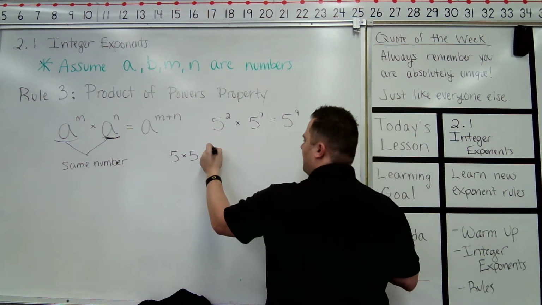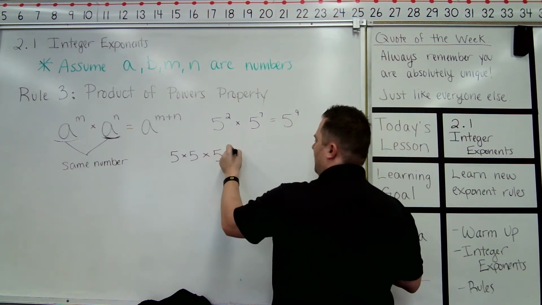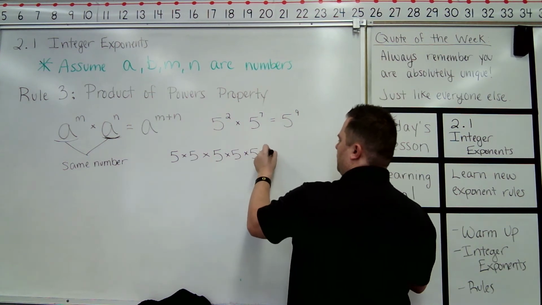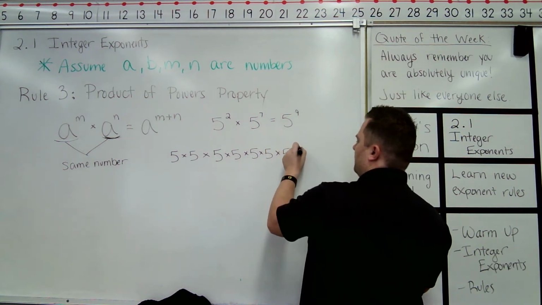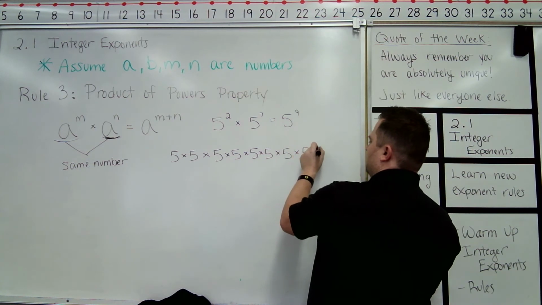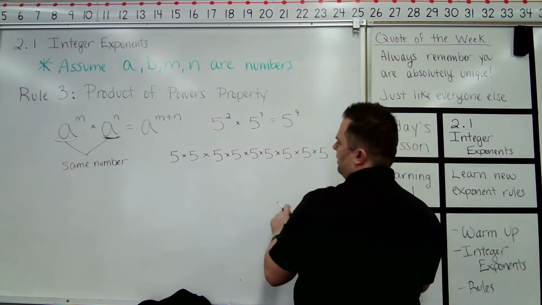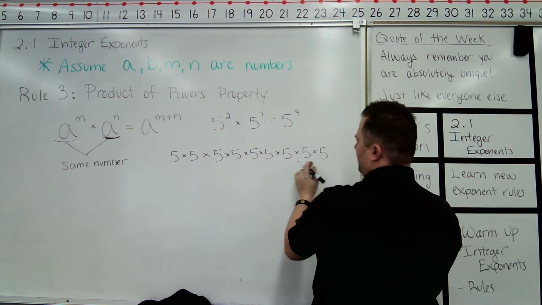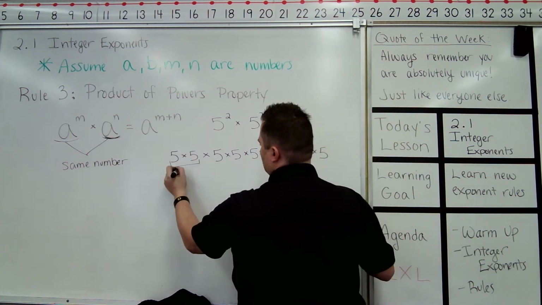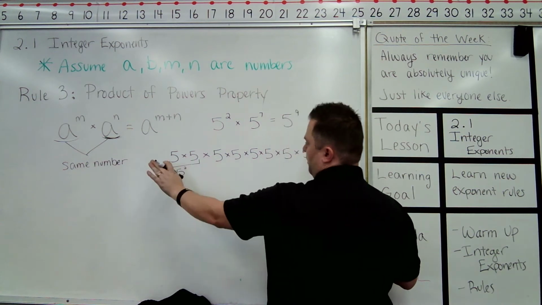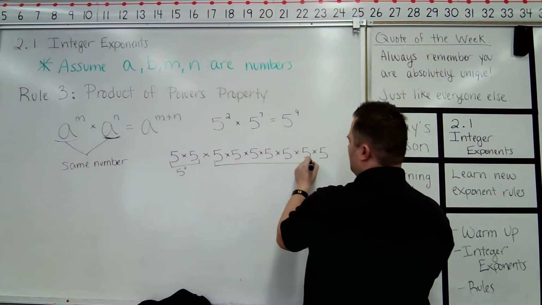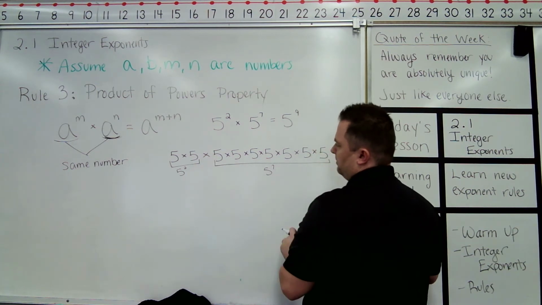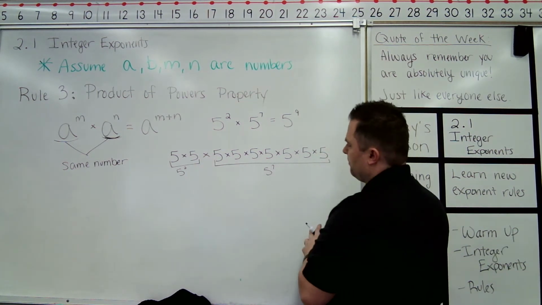That's like saying 5 times 5, there's 2 of them, there's 3, there's 4, there's 5, there's 6, there's 7. This part here is 5 squared, I just rewrote it. This part here is 5 to the 7th. And they're being multiplied together. Do you understand what I'm trying to illustrate?